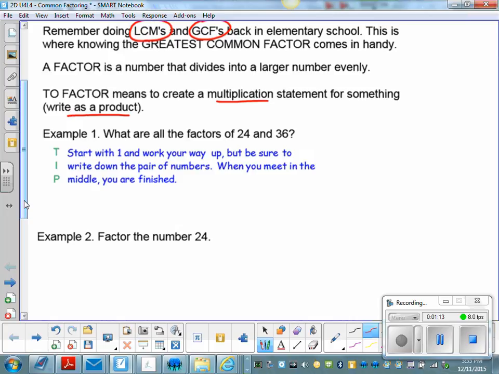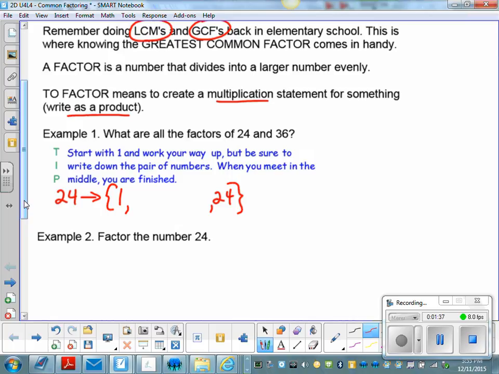So if we're talking about the number 24, if we're going to list the factors of 24, the first number we want to start with is 1. 1 divides into every number, so we'll start with 1. And on the other end, I multiply 1 times 24 to get 24.